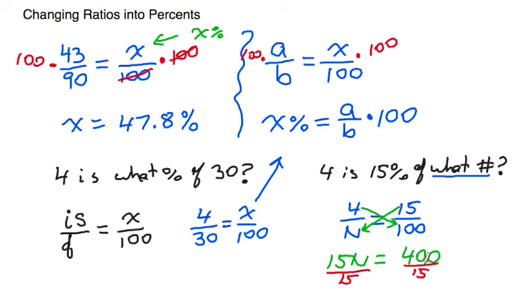And you get 400 divided by 15, 26.7. So it's not an exact answer, it's approximate. So n equals 26.7. So that's saying that 4 is 15% of 26.7, or 4 divided by 26.7 times 100 will give you 15%.